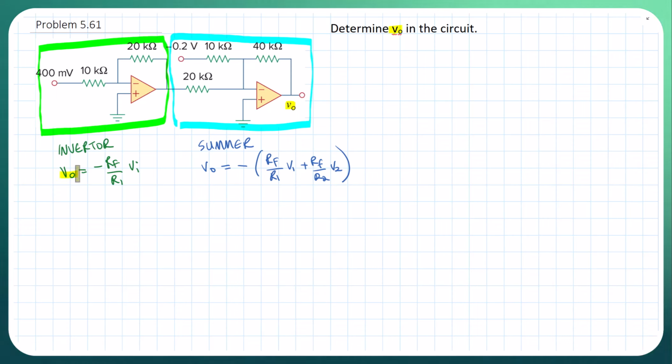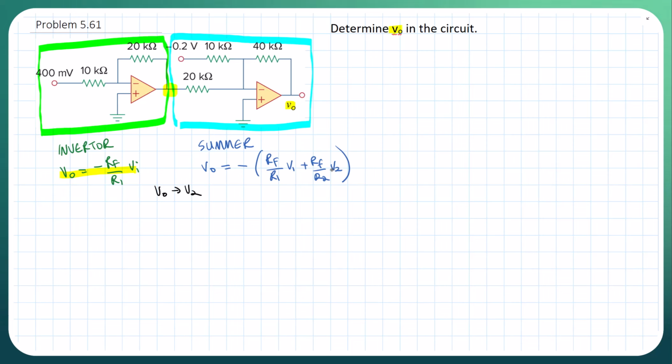the V output here, and that's what's going to lead us into the input here. So just to be on the same page, the V output of this inverter is going to be going into, in this case, V2 of the summer.